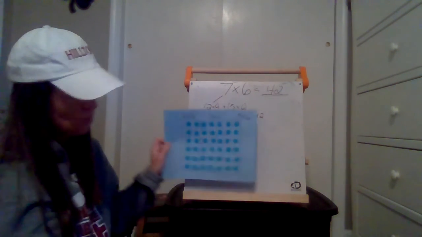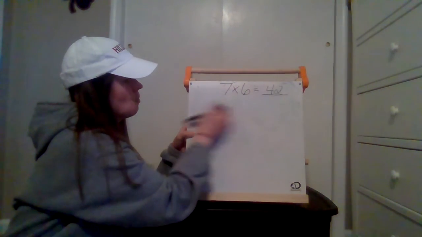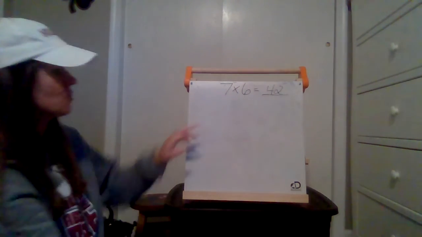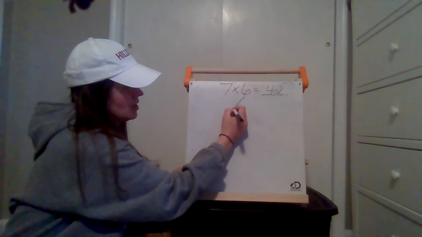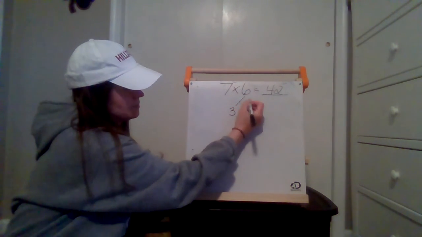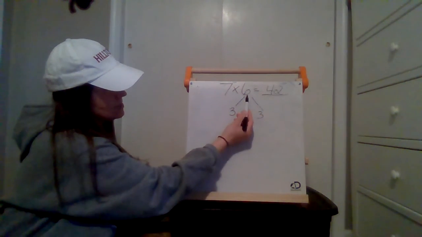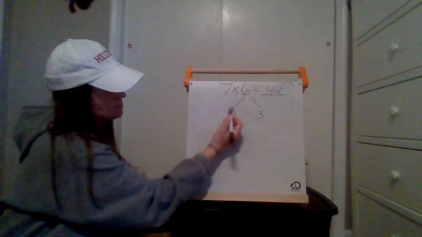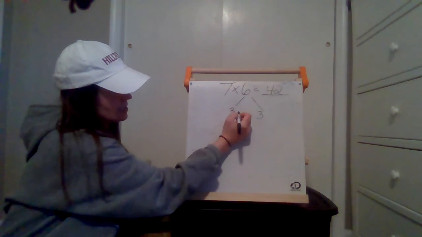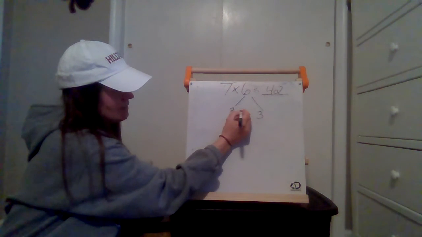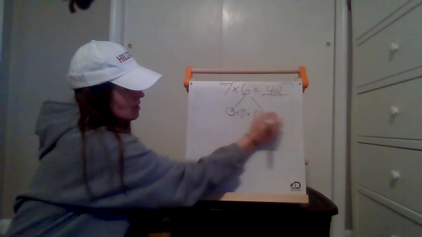Let's take a look at one other way you may have broken one of the factors up. And let's see if we also get 42. So some of you may have chosen to break the 6 into a 3 and a 3. So instead of working with 6 groups of 7, you decided to work with 3 groups of 7 and 3 groups of 7.